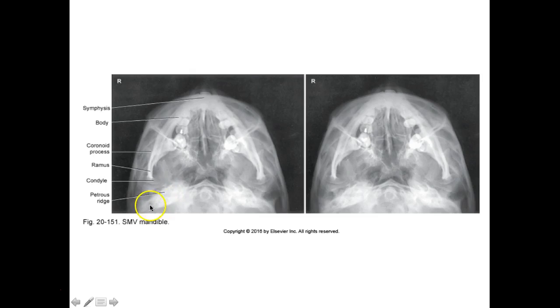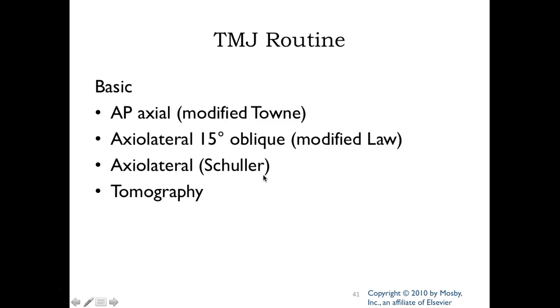So great image. Here are your petrous ridges. I usually go back to the petrous ridges. You don't have to go this far back, but you want to be able to see all of the mandible and the condyle right there. So these are great.